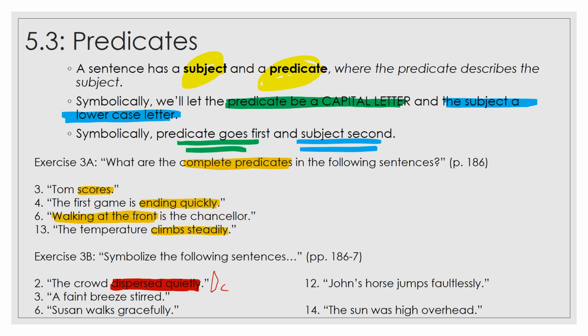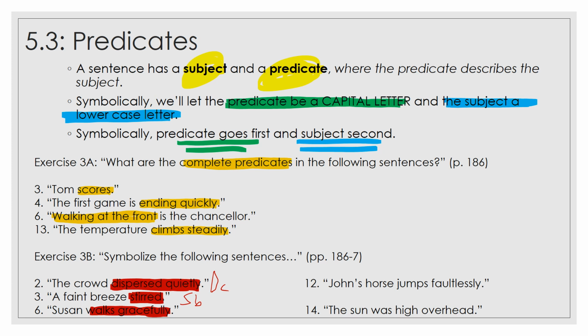Number 3, a faint breeze stirred. Faint breeze is our subject, and stirred is our predicate. So we'll translate this as capital S for our predicate and lowercase b for our subject. For 6, we have Susan walks gracefully. Susan is the subject, and the predicate is walks gracefully.